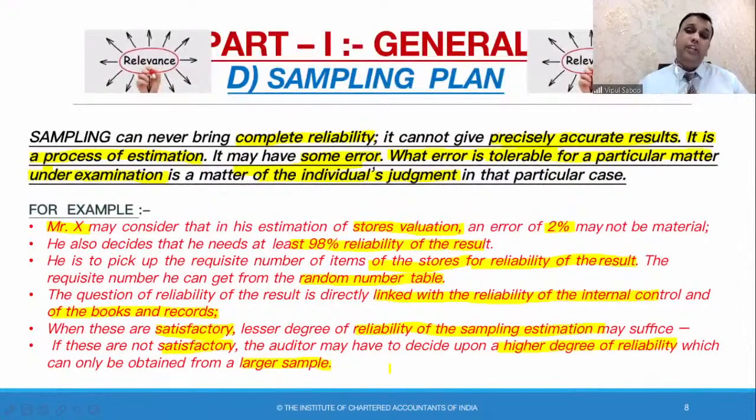If I feel that the controls are reliable, the books and records are reliable, I won't require much reliability from the sample. Lesser degree of reliability, marginal utility. You know the law of diminishing marginal utility. Internal controls reliable, books and records reliable. So even if I obtain a lesser degree of reliability from the sampling, I'll be satisfied.